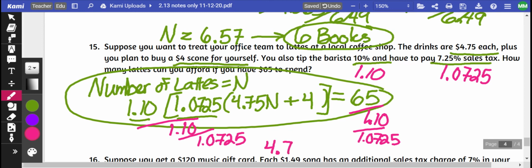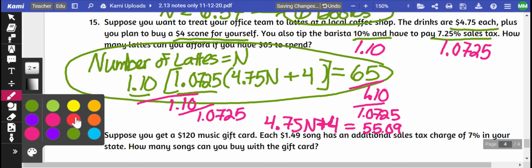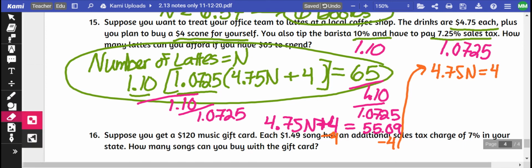So we have 4.75n plus 4 equals 55.09. Subtract 4. 51.09.